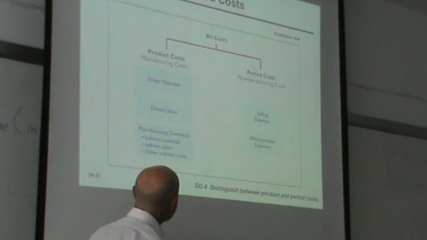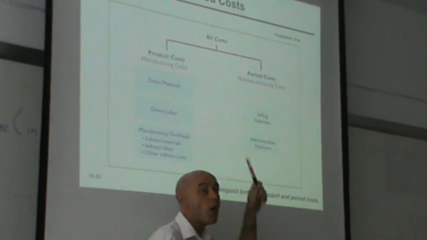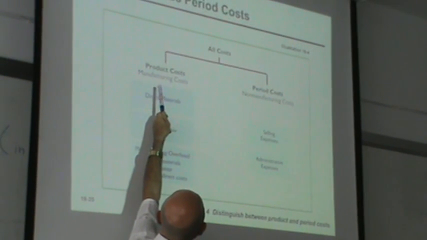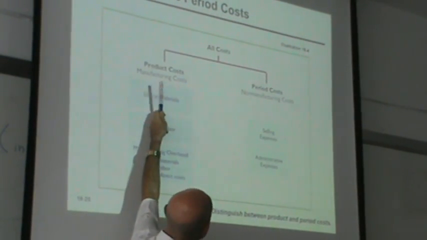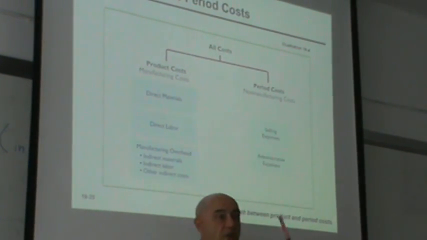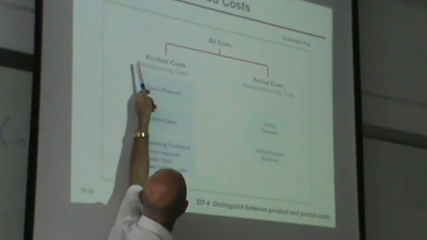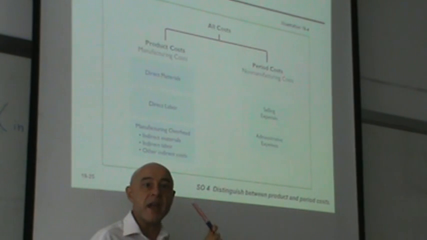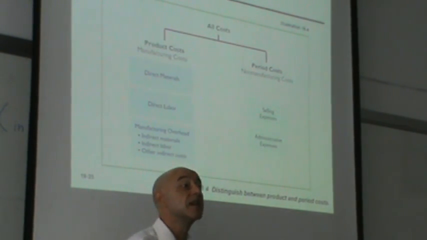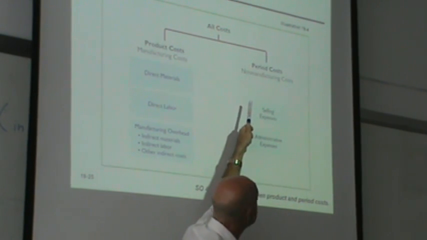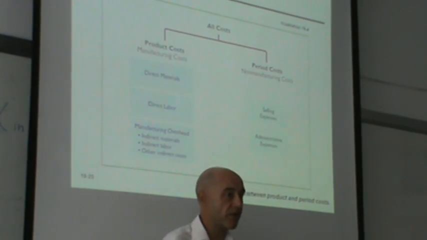So now you see how we classify all costs. All costs are either product costs or period costs. In other words, everything is divided. Product costs we also call manufacturing cost. It's the same thing. And period costs are non-manufacturing things.